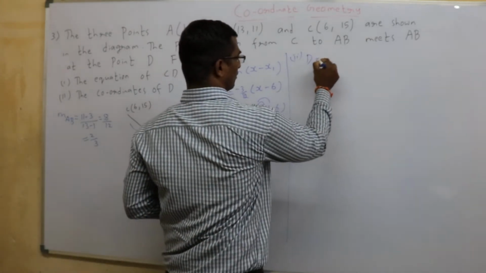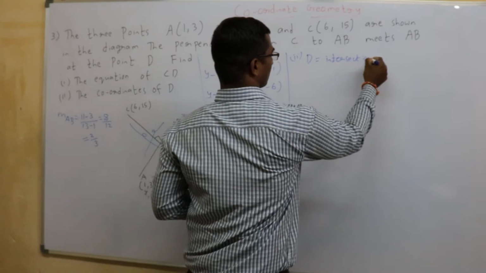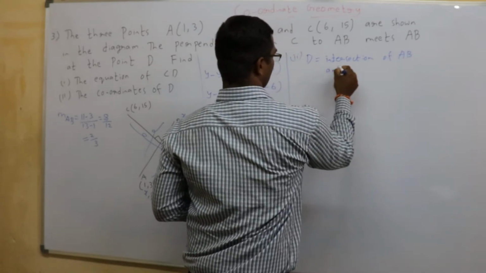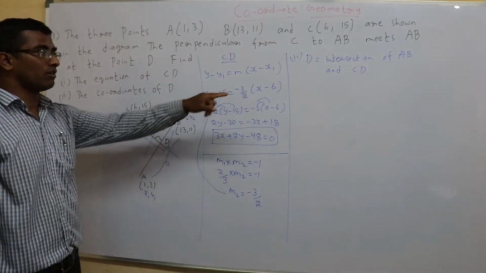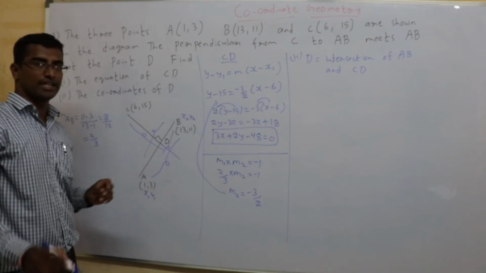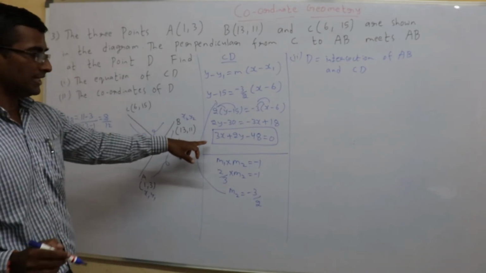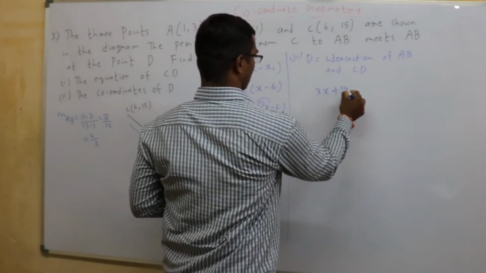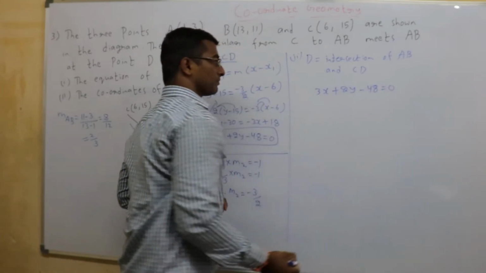So D equal to intersection of AB and CD. So solve those two line equations, you will get the coordinates of D. CD equation we just found: 3x plus 2y minus 48 equal to 0.